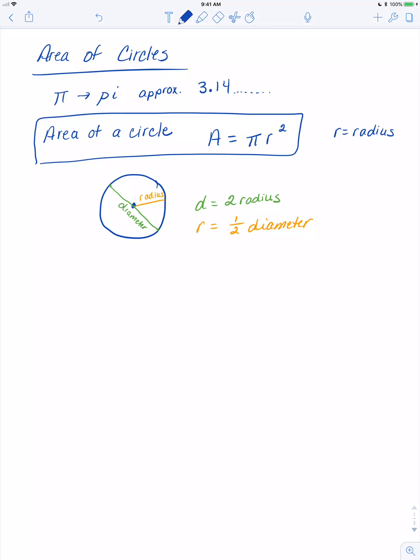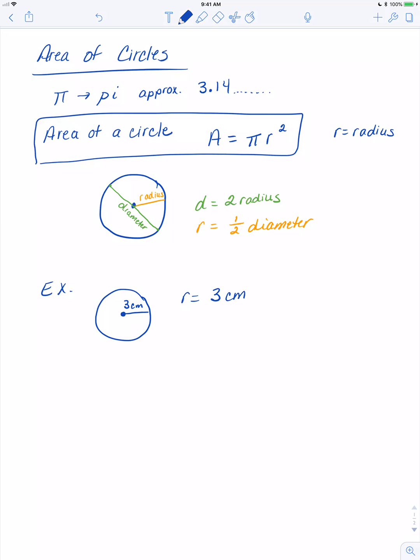Okay, so let's look at a circle and see if we can find the area of it. There's a center, and we are told that is 3 centimeters. If that line is drawn from the center to the outside edge, we know the radius is 3 centimeters.